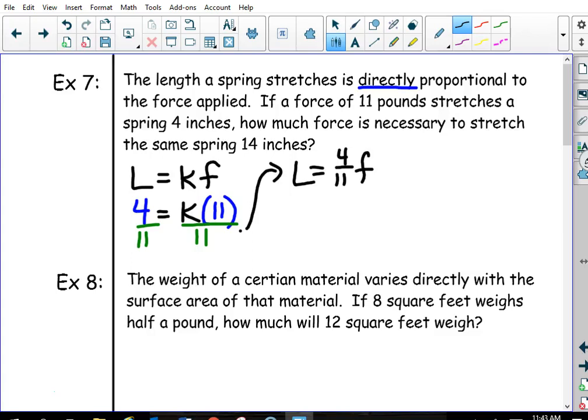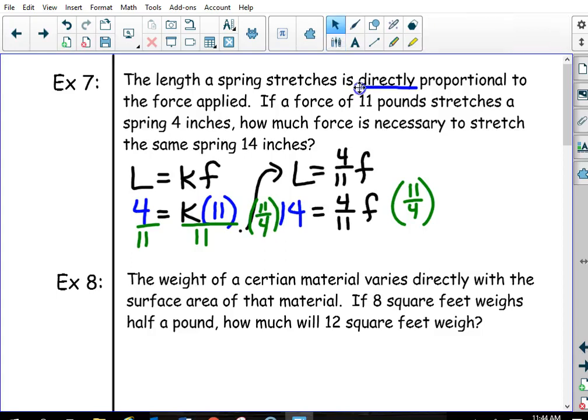So we've got a length of 14, and we are solving for F. I'd recommend the reciprocal on this one, so just multiply by 11/4. That'll give us a 1F on the right-hand side. When we do the math, I get F equals 38.5. And that's it.